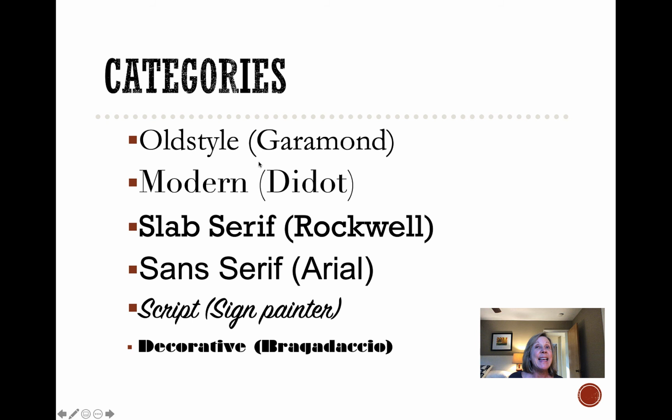Now, what you need to know about this is a modern serif, because of the difference in transition, is the least ideal, well, except for a decorative or a script font, but among the basic fonts, it's the least ideal in small sizes. And by small sizes, I mean something smaller than 12 point, even 12 point modern font, 12 point Didot.